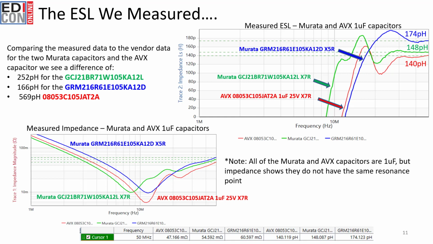Comparing the measured data to the vendor data for these 1 microfarad capacitors from Murata and AVX, we see a difference of 252 picohenries and 166 picohenries for the two Murata caps, and 569 picohenries for the AVX capacitor. That's a significant difference. An important observation I take from that is that all the capacitors from Murata and AVX are 1 microfarad and the same package size.